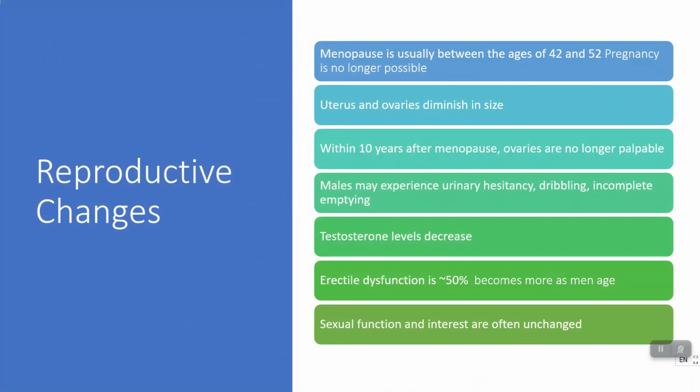The effects of aging on the reproductive system are more obvious in women than in men. In women, most of these effects are related to menopause, when the levels of female hormones, particularly estrogen, decrease. Menstrual periods end, and pregnancy is no longer possible. The decrease in female hormone levels causes our ovaries and our uterus to shrink.